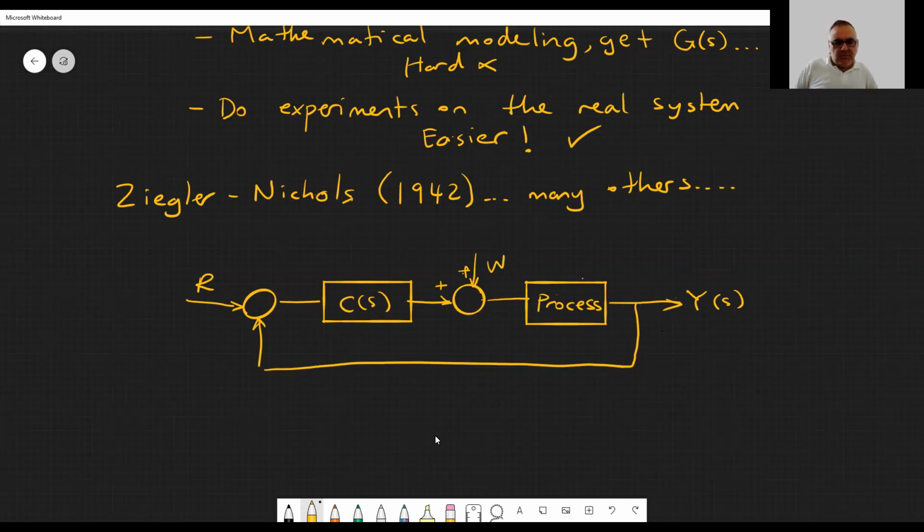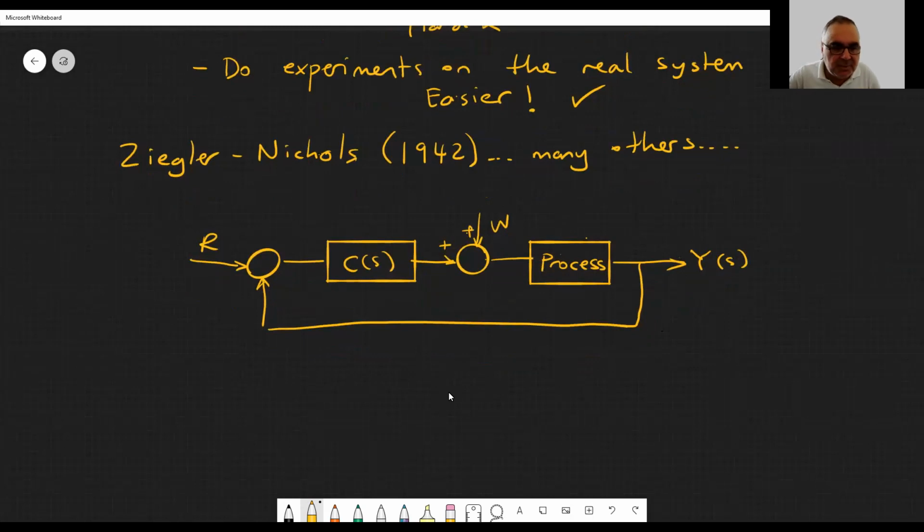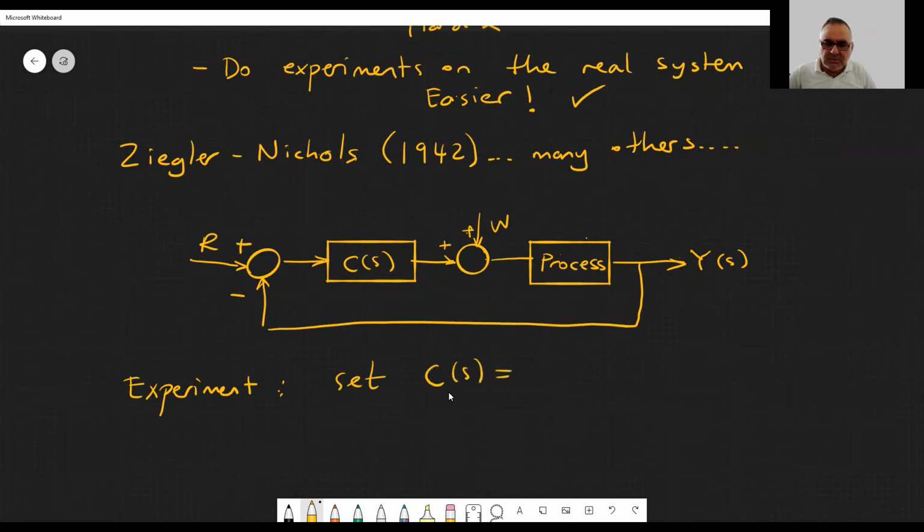So what we do is, this is a feedback system. You do an experiment on the system. That is, you put the system in closed loop control, and you just set the controller to a simple gain.